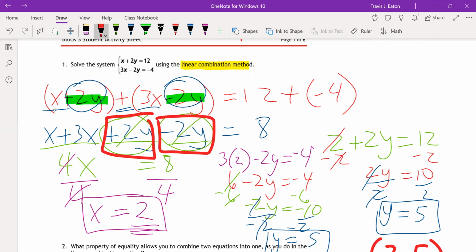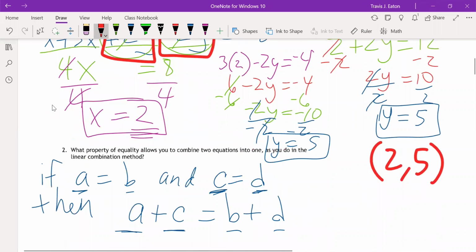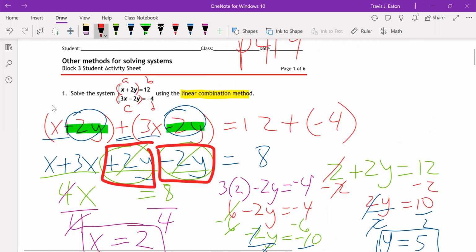So x plus 2y would be like A, and the 12 is our B. And 3x minus 2y is C, and the negative 4 is D. And so what we did is we took A plus C, these two, and added them together over here, A plus C, equaling B plus D over here. And that's just, it is what it is. It's the addition property of equality.